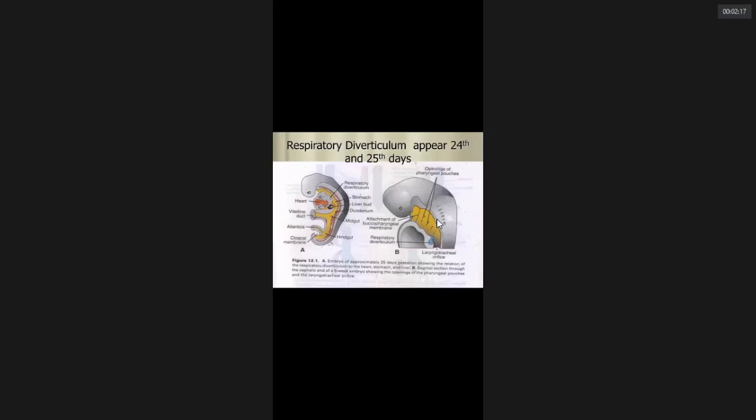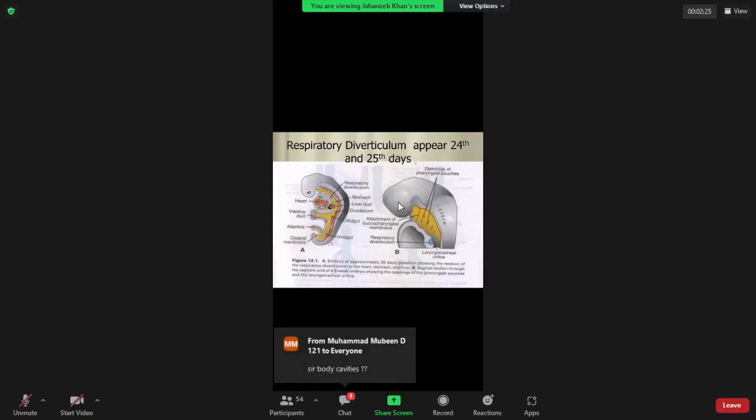This is the first diagram that is also present in your book, in which you are seeing the embryo, approximately 24 or 25 days old, showing the relation of the respiratory diverticulum to the heart.